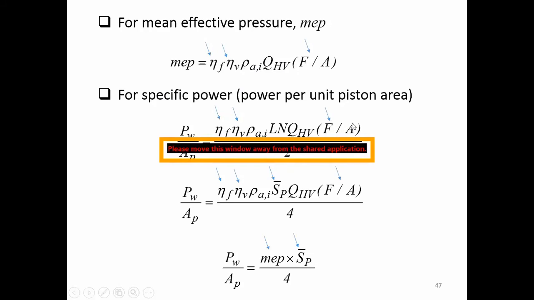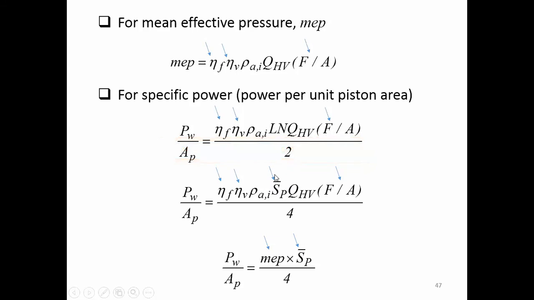If you want to see more, you have to work out these equations, and another parameter that you see is the mean piston speed here, apart from the three parameters that we just mentioned.